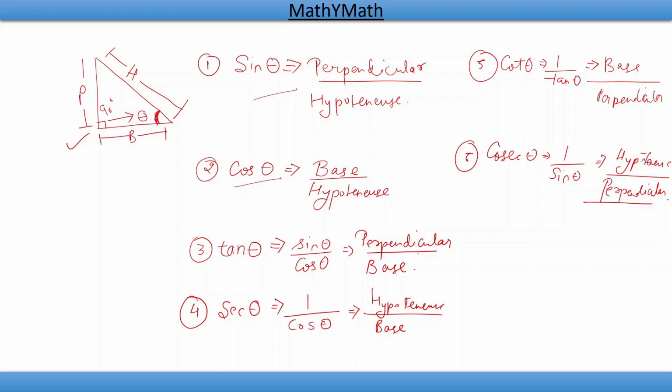Maybe you find it difficult because we have three sides and we are changing the ratio according to different measurements of theta. But we can convert one ratio to another, like sine theta to cos theta, and we can also convert sine theta to cosec theta. That all depends on the type of question being asked. They all can be made from a single sine theta also. That we will discuss in the next part.